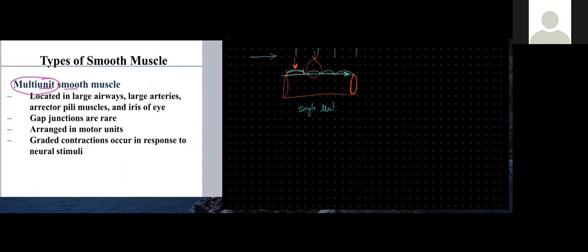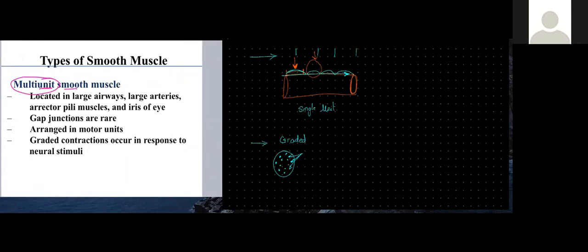We've seen another type of smooth muscle that performs a graded contraction. If you remember, a graded contraction means it's not essential for you to contract all the muscle cells within an organ. You're only going to recruit a few of them according to your needs.